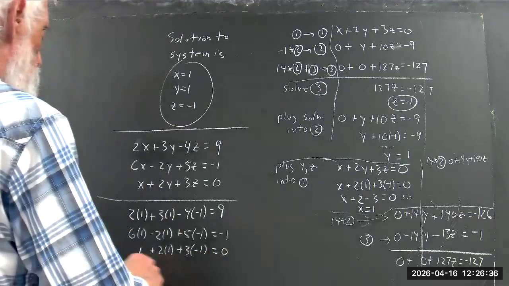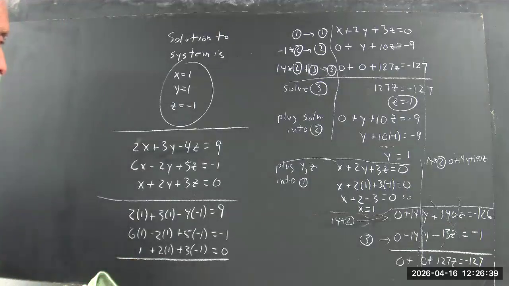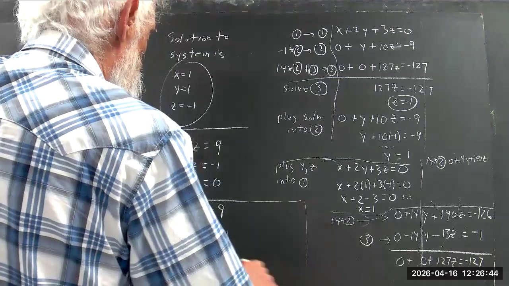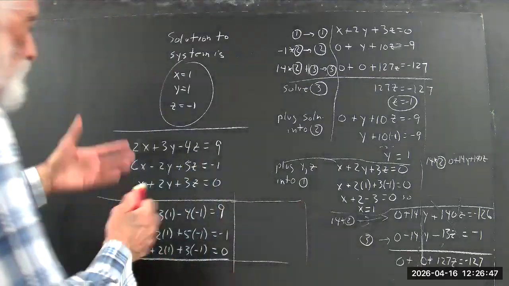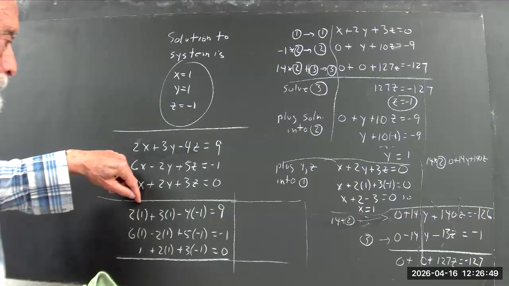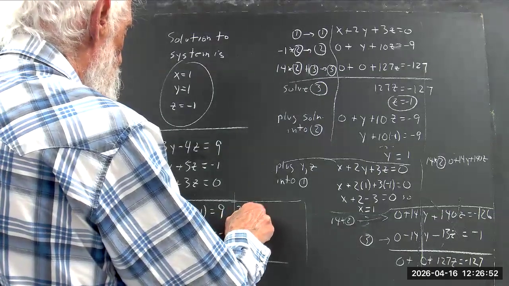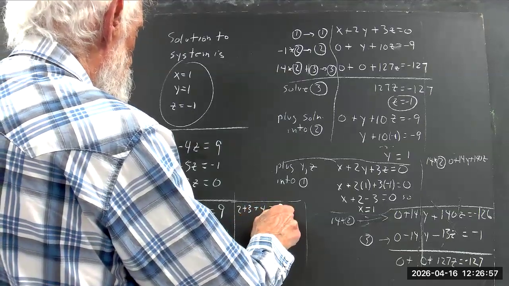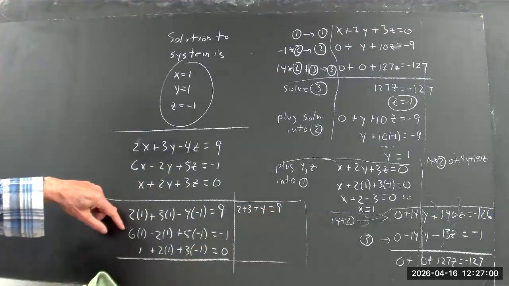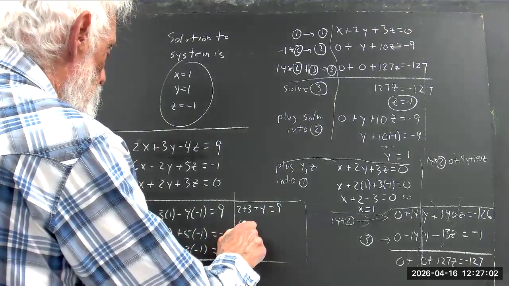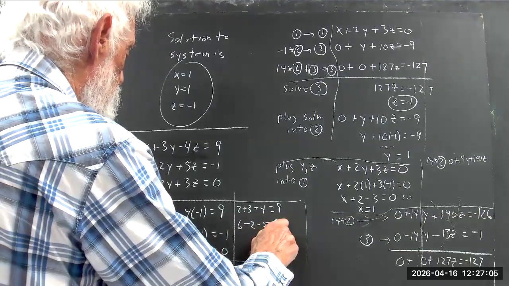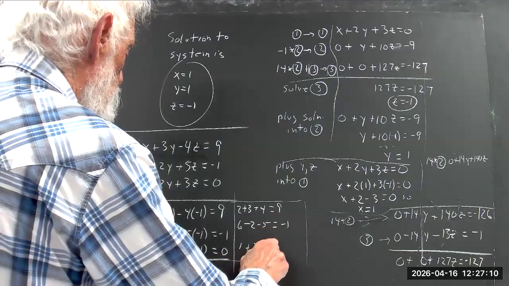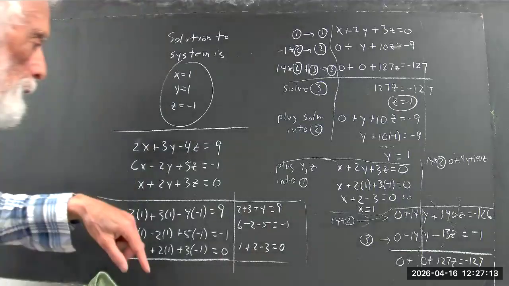And we can easily see that all those are true. First equation, and just so I don't block the board too much, becomes 2 plus 3 minus 4 plus 4 equals 9. 6 minus 2 minus 5 equals negative 1. And 1 plus 2 minus 3 equals 0.